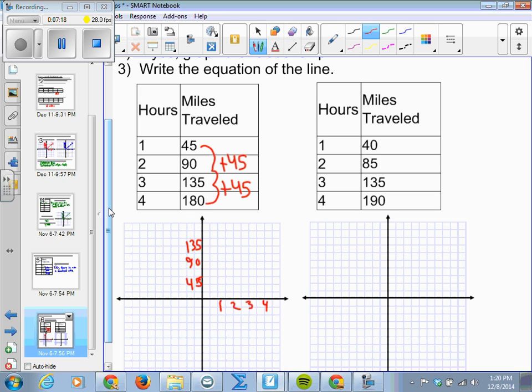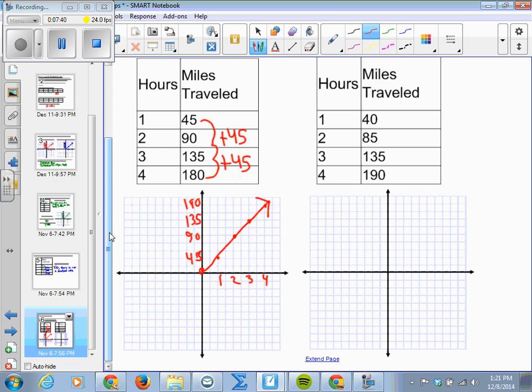Here we're at the 0, 0 point. Here we got 1, 45, 2, 90 right there, 3, 135, and 4, 180. And there we go. Our slope is 45, which makes the equation y equals 45x.